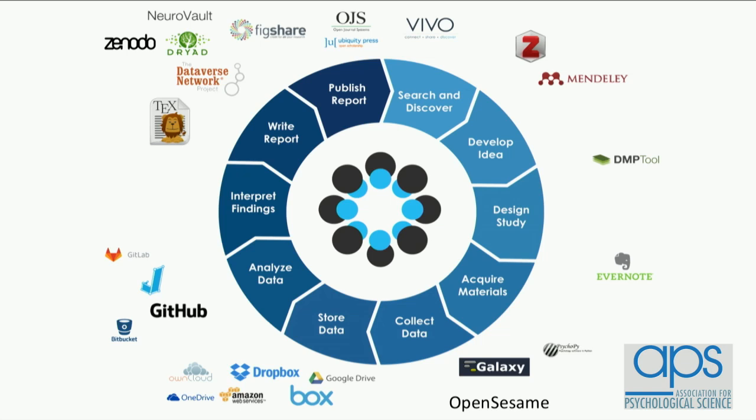You'll see things like JASP for doing data analysis, Open Sesame and Galaxy for collecting data, and also things like DMP tool for creating data management plans. So really trying to document the process of the research, connect up those tools so that no matter what you use, whether you take advantage of the built-in features of the OSF or have tools that you already love for those features, it's all centrally located.